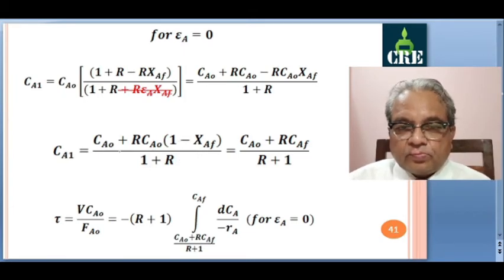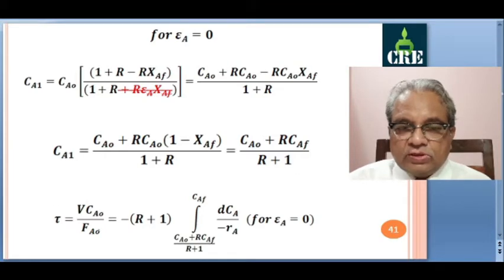What is that? Same definition, CA is equal to CA0 into 1 minus XA. So CAF is CA0 into 1 minus XAF. So (CA0 plus r CAF) divided by (r plus 1). So we can write our integration, or the model equation, in terms of concentration.